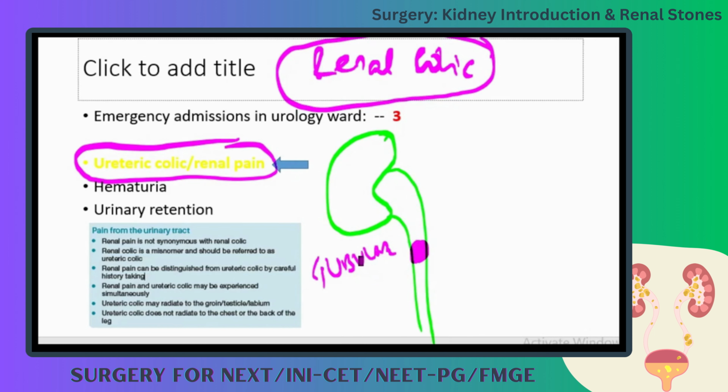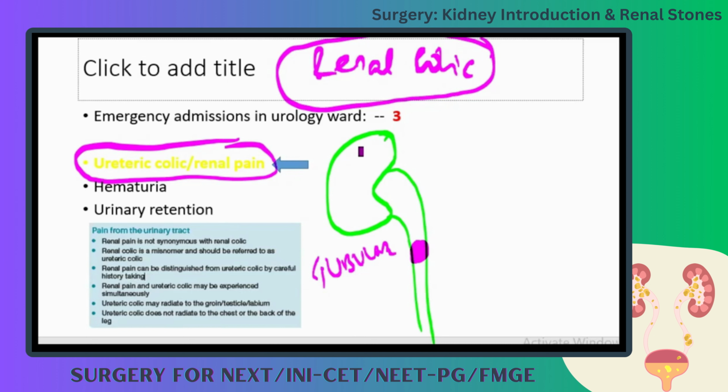Very good. In tubular structures, due to the movement, what is that movement known as? Peristalsis. So wherever, in the intestine, the gallbladder, the bile duct or the ureter, imagine a tube with an obstruction below.